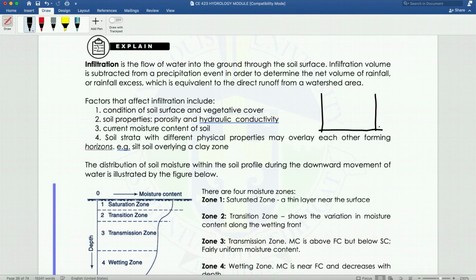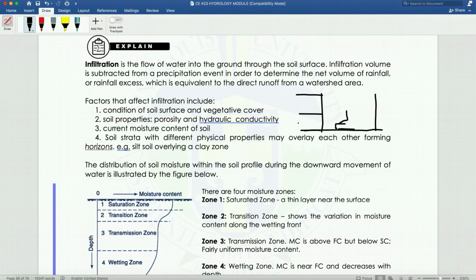So ito yung hinukay natin. Why is it important for us to determine the bearing capacity at this level? It's because dyan natin ipapatong yung foundation natin. Yan yung magki-carry. Because it might happen that the soil profile at this level might be different with the soil profile at this level.